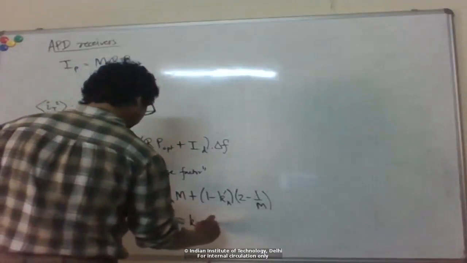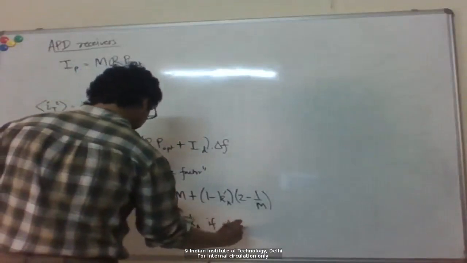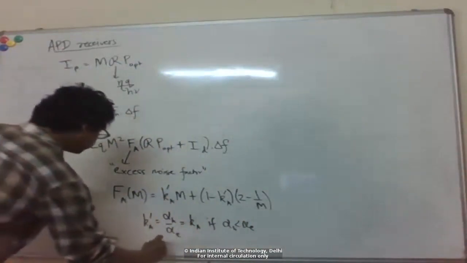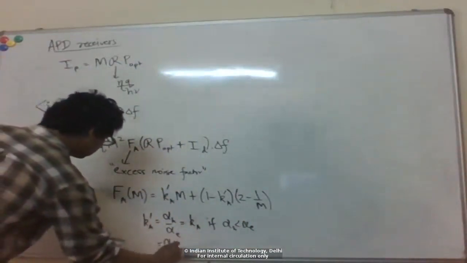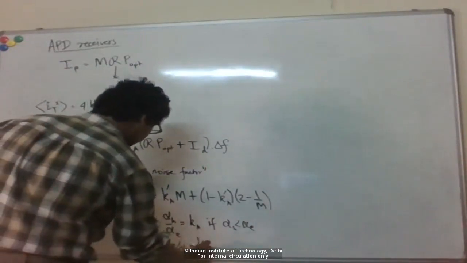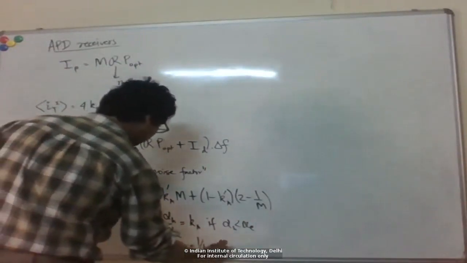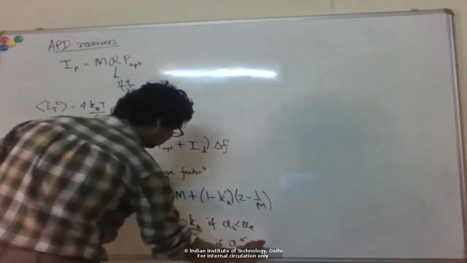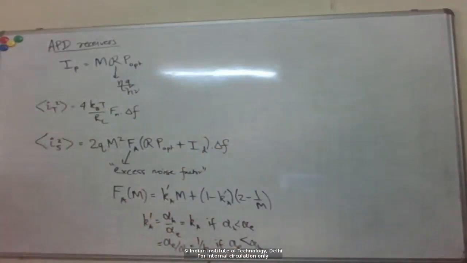So if alpha_h is less than alpha_e, then K_A prime is alpha_h over alpha_e, and if it's the other way, it's alpha_e over alpha_h, which is the inverse of K_A.